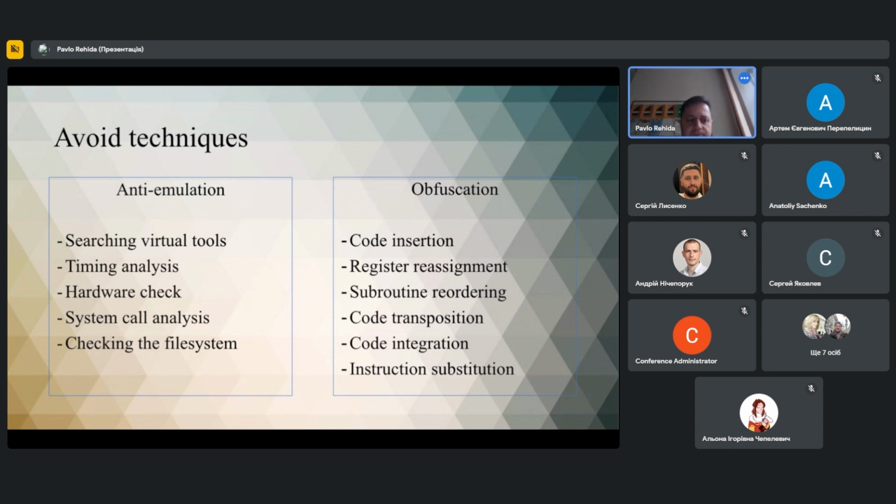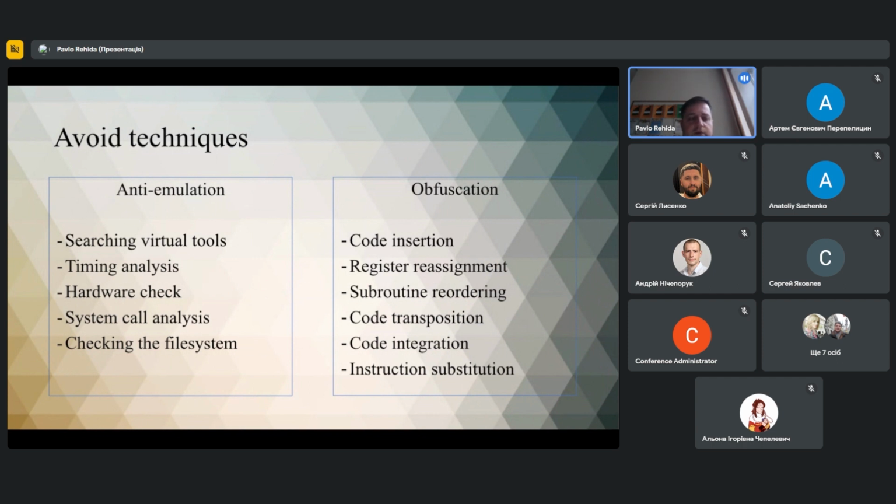Depending on this, malware can hide its own actions to not be detected. Examples of these techniques are searching for virtual tools, timing analysis, hardware checks, system call analysis, and checking the file system. So basically, a virus may check the system and try to understand if emulation is on and will hide itself.